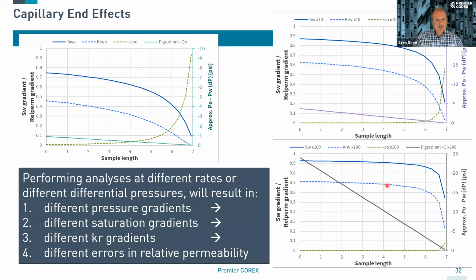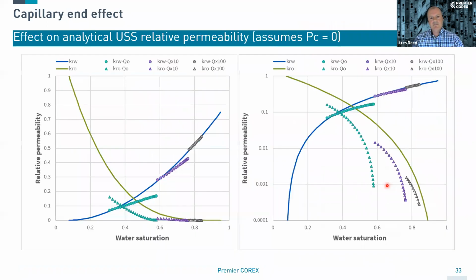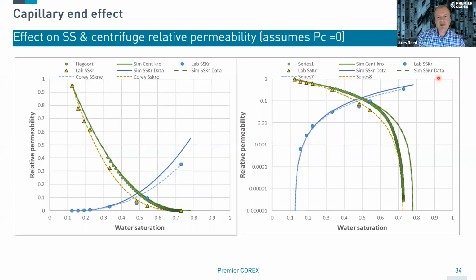So depending on how I perform the test, I could get different answers because of the impact of capillary pressure. It's important that we understand the impact of capillary pressure, understand how that might produce incorrect curves, incorrect residuals. And so what we actually want to do is get to a correct relative permeability curve and a correct residual oil saturation. How do we do that?